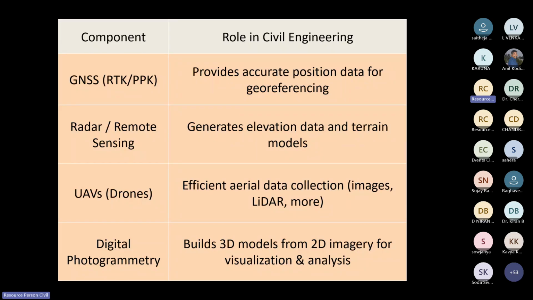So digital photogrammetry is mainly used for three-dimensional models and 2D imageries. Earlier, whatever maps we prepared by Survey of India, they used these photogrammetry techniques.